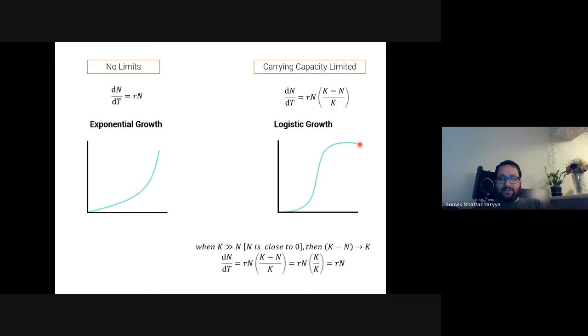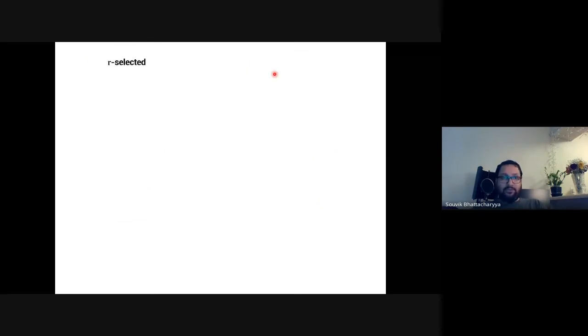So let's take some examples of what kind of approaches organisms take for their growth in nature. And actually organisms take both of these approaches, and we'll see the examples.